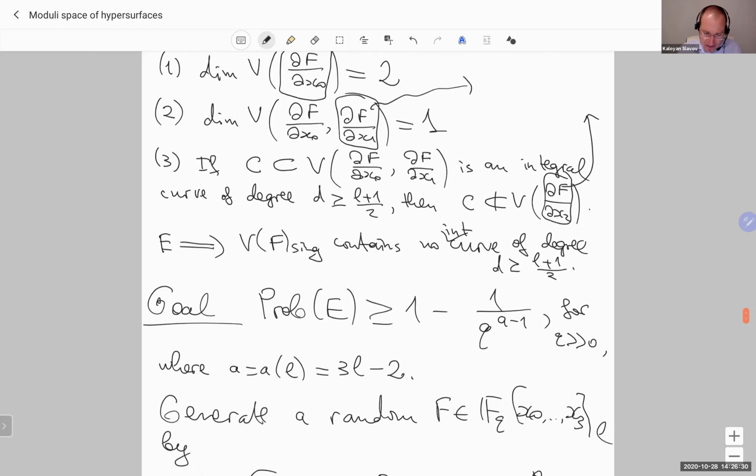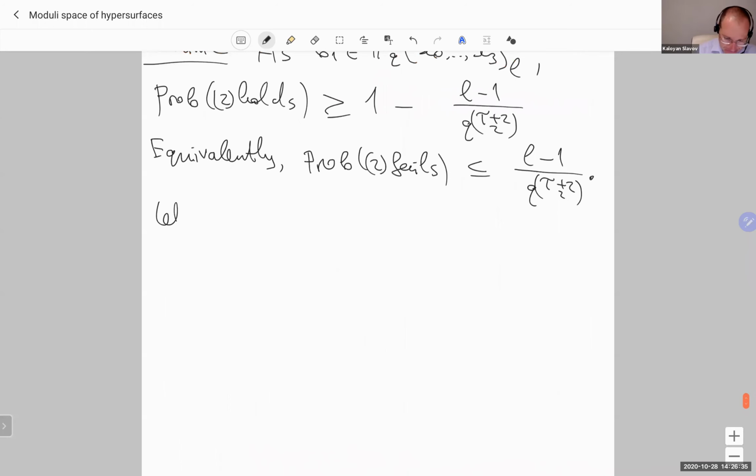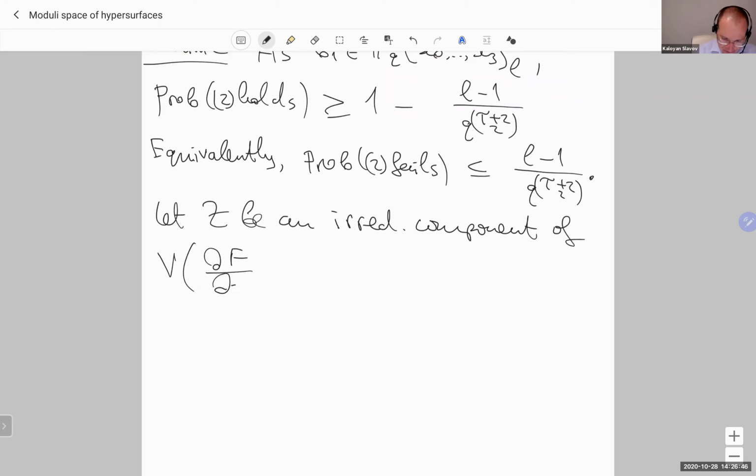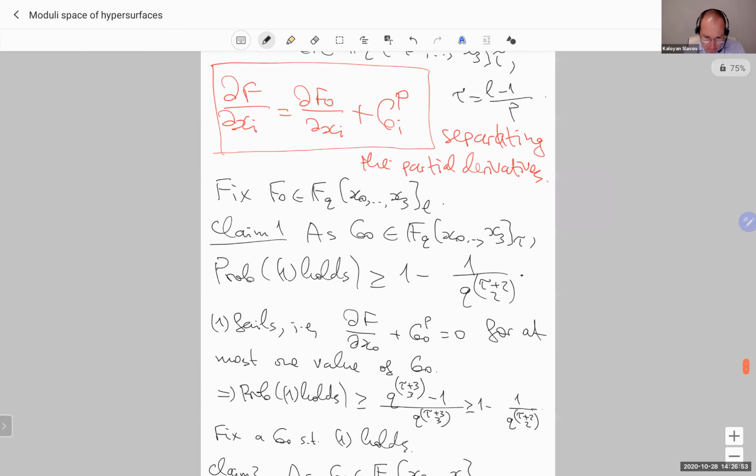Now the df/dx1. Okay, so here let z be an irreducible component of the vanishing of df/dx0. df/dx0 is already decided because it depends only on f0 and g0 by the formula in red. f0 has been fixed. g0 is also fixed. We fixed g0 so that 1 is satisfied.